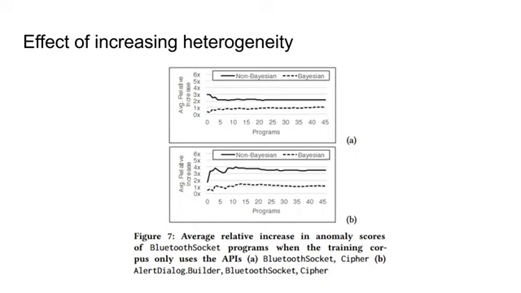You can see that even when the API usage varies, even when it scales up, the relative increase stays the same. And that's true for the Bayesian and non-Bayesian approach. But what's important to take away is that in general, the average relative increase is lower, which means that it's able to adapt to more usage styles, and it's also dealing with less false positives.